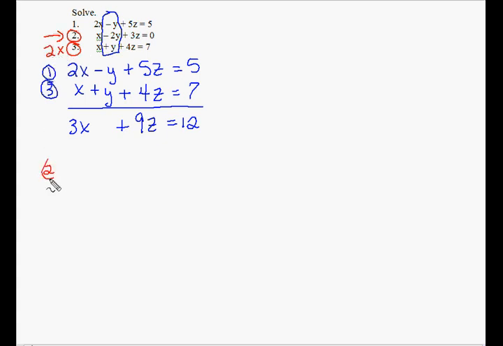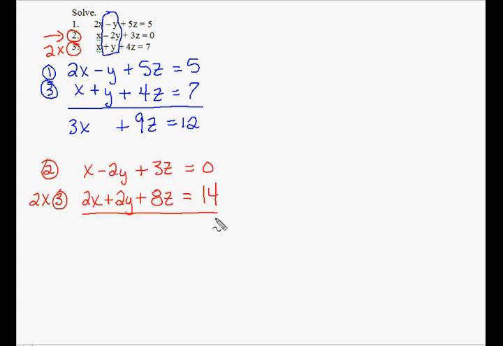So equation 2 and 2 times equation 3. So when I add these two equations together, I get 3x, the y's go away, plus 11z is equal to 14. And this is what I call equation 5. I forgot to label this one. This is what we call equation 4.